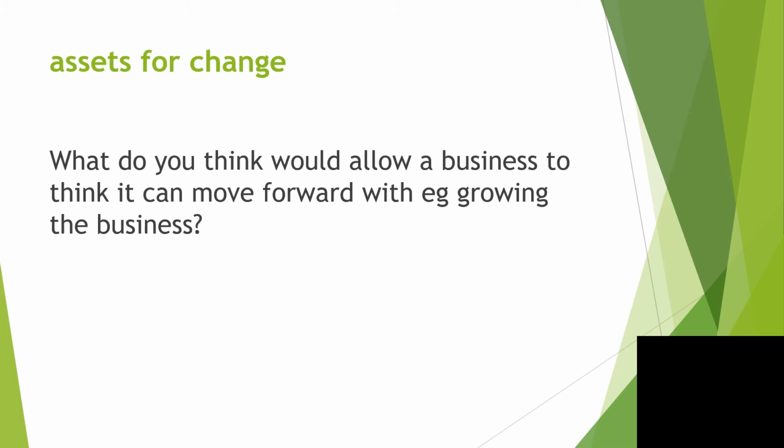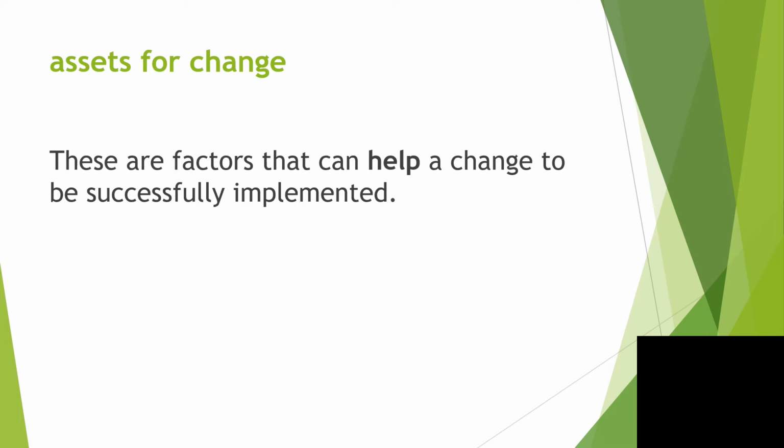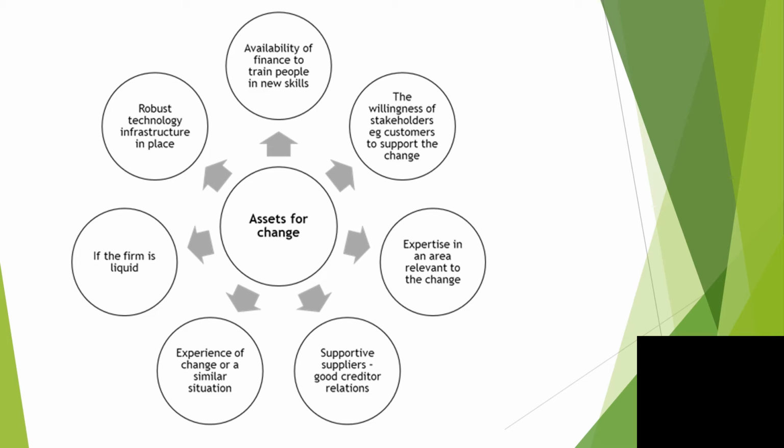So assets for change I've just explained to you here, and that's really just talking about what kind of things could be assets for change. They help a decision to be implemented. They don't actually drive it, they just help it.